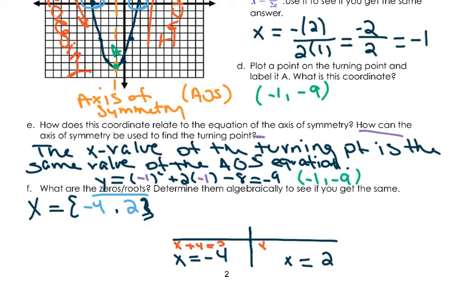And here you would subtract 2. So then the factors here become x plus 4 and x minus 2. Just going to label these.